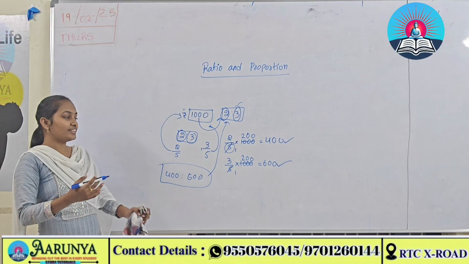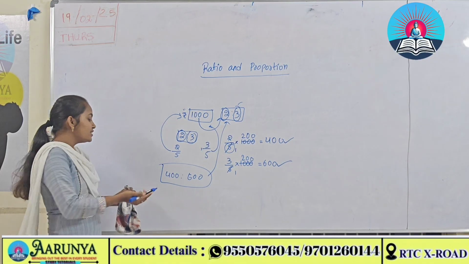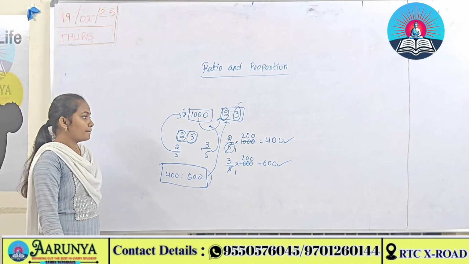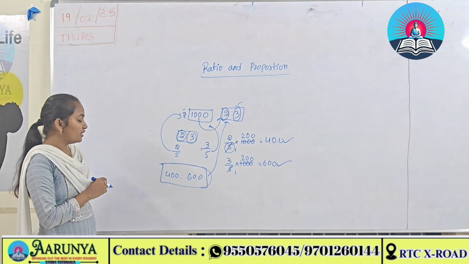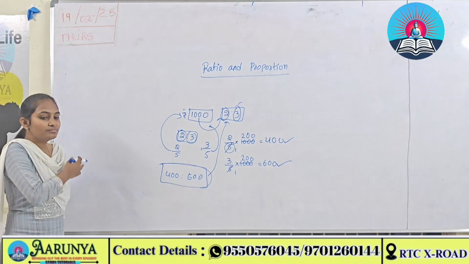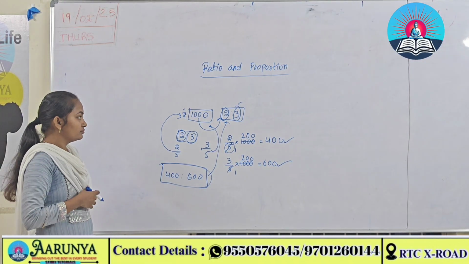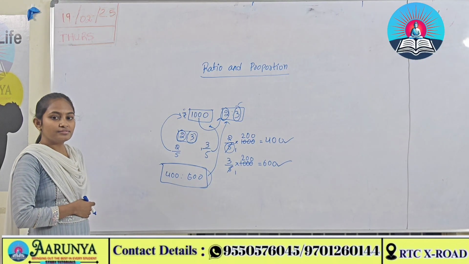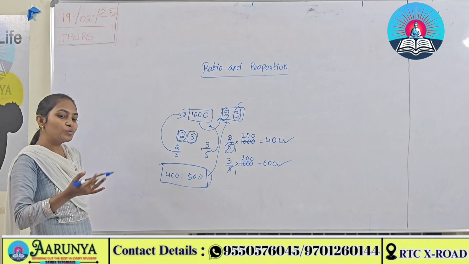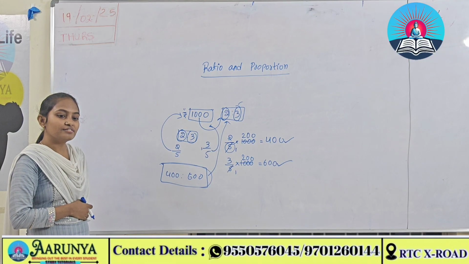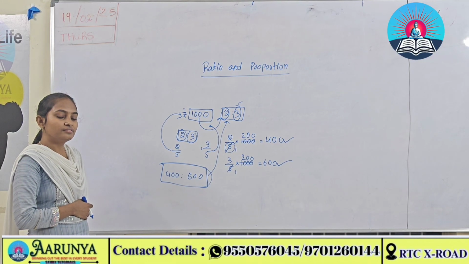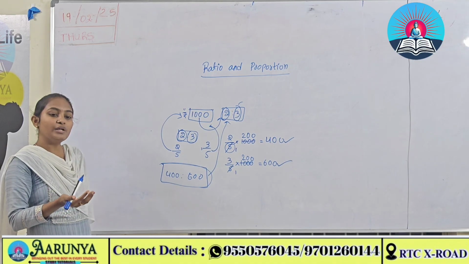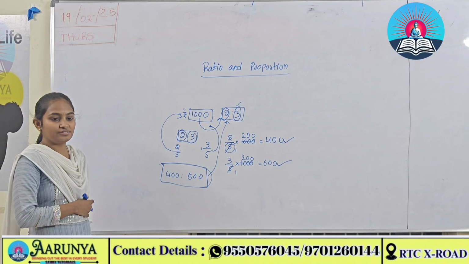So when we are dividing in proportions, the same type of proportion we will get. If you write it as a proportion, we will get the same equal amount. What I told, if two ratios are equal, then we can write it as a proportion.